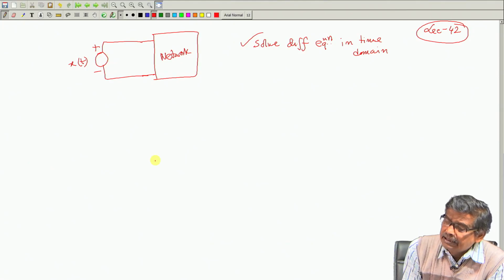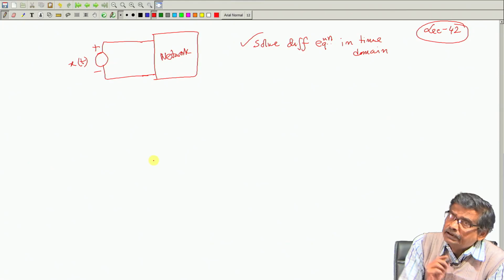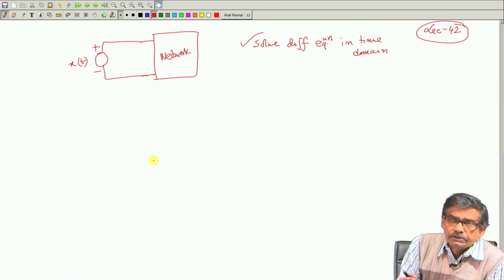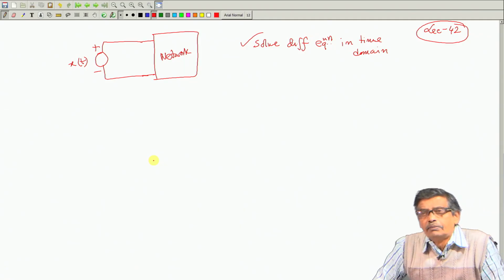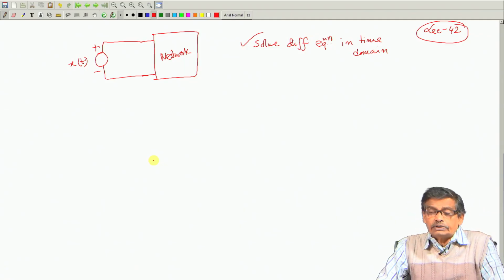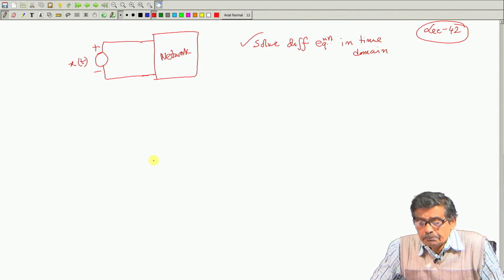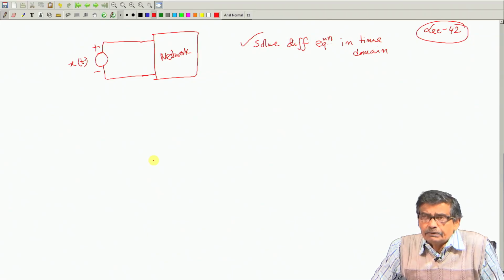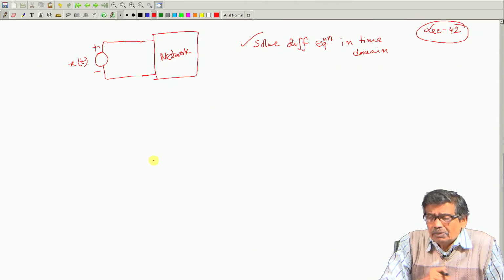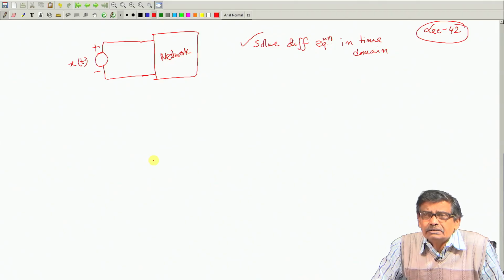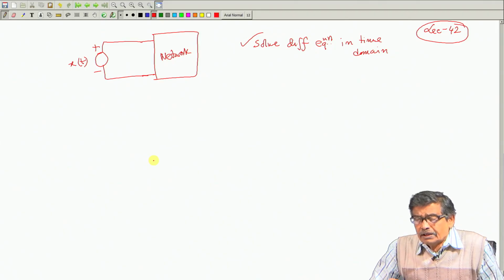By that I mean that x(t) even could be a delta function. That is what we have found out. However, to solve the network when the excitation is an impulse, you have to be careful. The usual rule will not be operating, because the initial current at 0 minus suddenly changes to some other value.